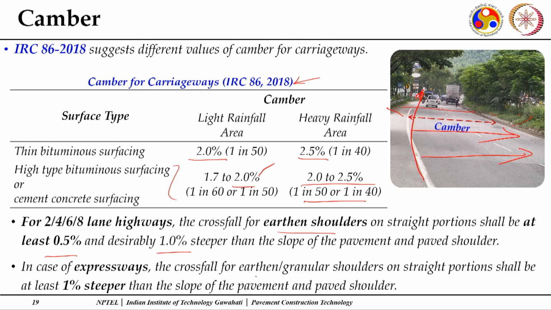In the case of expressways, the cross fall for earthen and granular shoulders, which I will discuss, what earthen shoulders and granular shoulders are, when we come to the key feature of shoulders, is also preferably 1% steeper than what you have in the main carriageways.